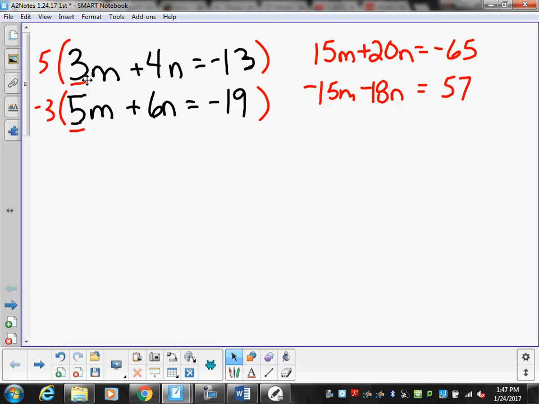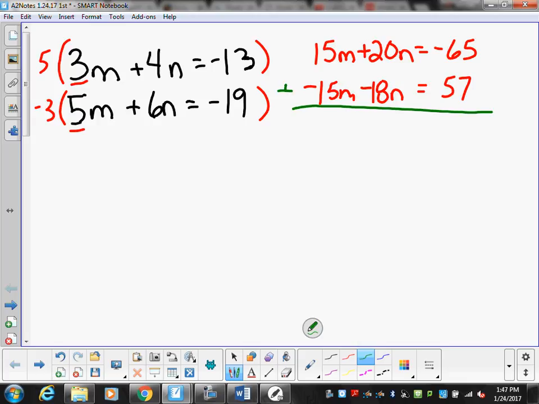And so the first goal is to get one of your variables to have the same coefficients or opposite coefficients. And so we now have it. On m, we have a positive 15 and we have a negative 15. Okay? So the next step is to do what? Combine your two equations together.